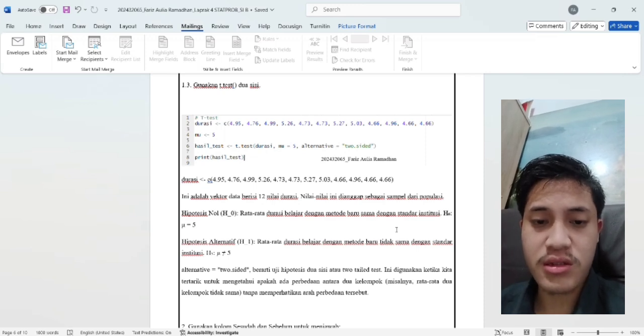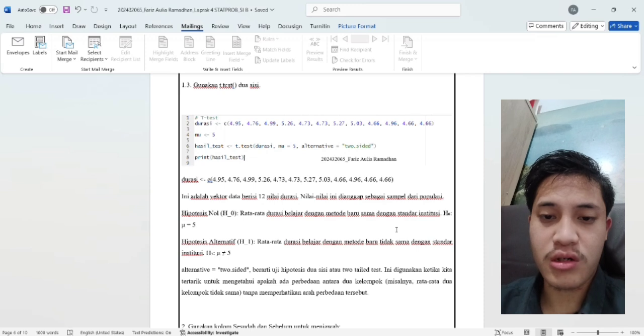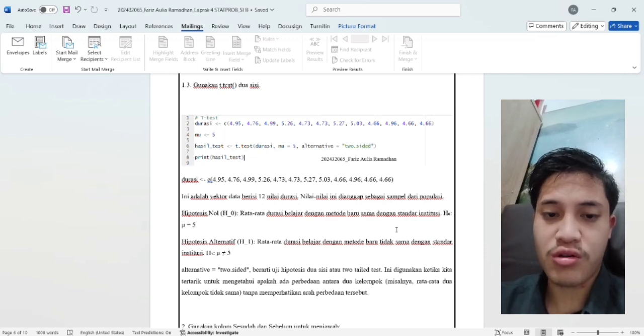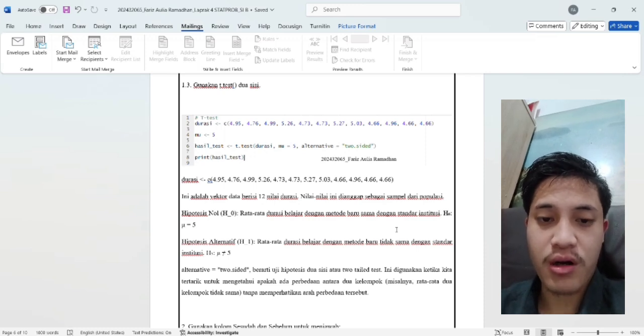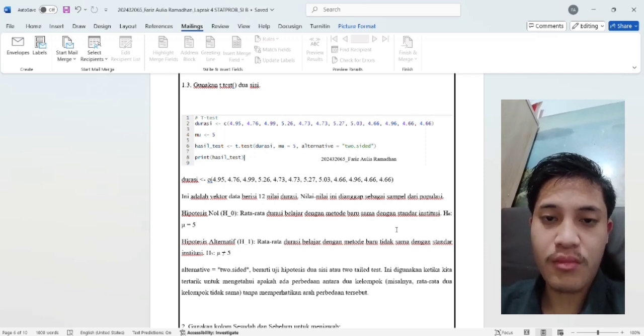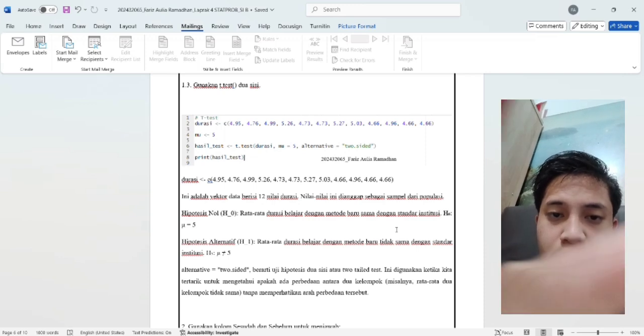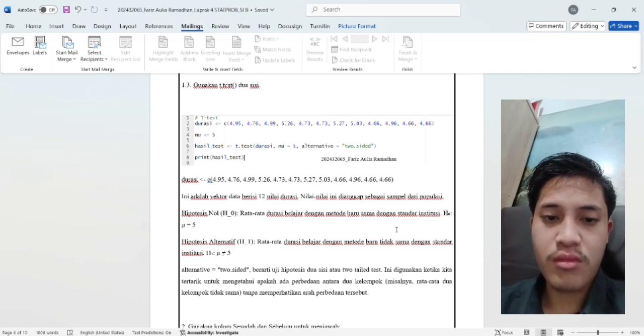Null hypothesis H0, the average study duration with the new method equals the institutional standard, H0: mu equals 5.